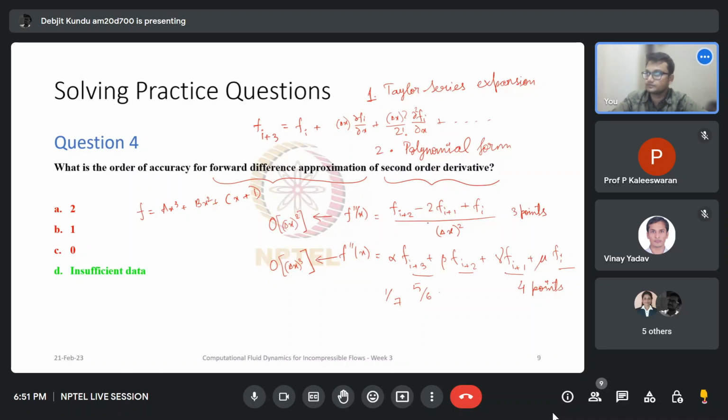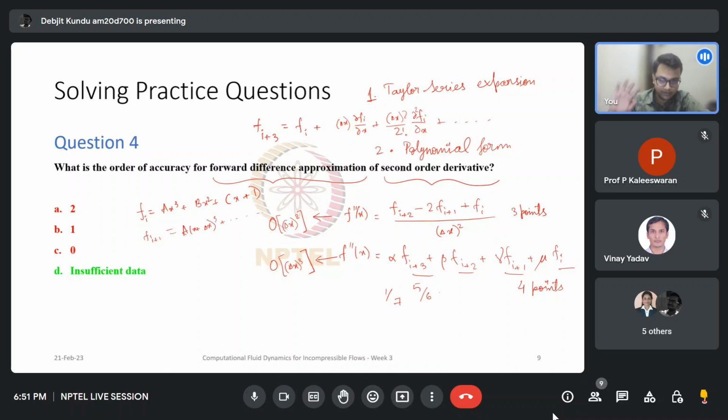Then this is f i plus 1, we will do a similar kind of thing, i plus 2 will do a similar kind of thing. So here it will be x plus delta x cubed and so on.